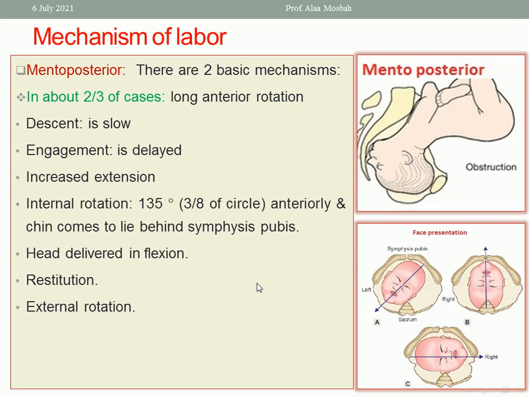This needs good strong uterine contractions. The head is delivered in flexion, as we mentioned before, because it becomes mento-anterior. This mento-posterior rotates 3/8 circle, so like this one rotates 3/8 circle, becomes like this one, mento-anterior. So 3/8 circle rotation anterior to be delivered as mento-anterior, and the head will be delivered in flexion, then restitution and external rotation as usual.